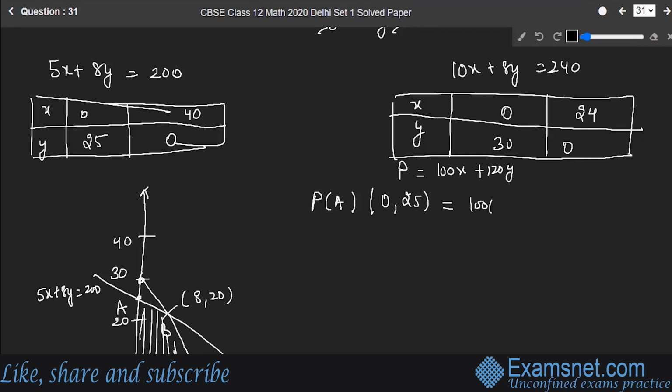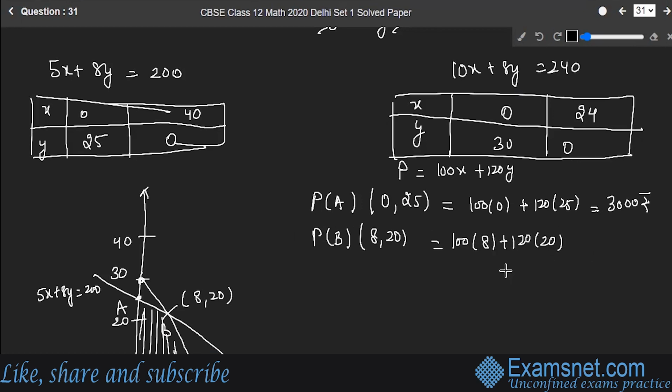So this will be 100 into 0 plus 120 into 25, which gives you 3,000 rupees. And the profit at the point B, which is 8 comma 20: 100 into 8 plus 120 into 20, which is equal to 800 plus 2,400, or 3200.